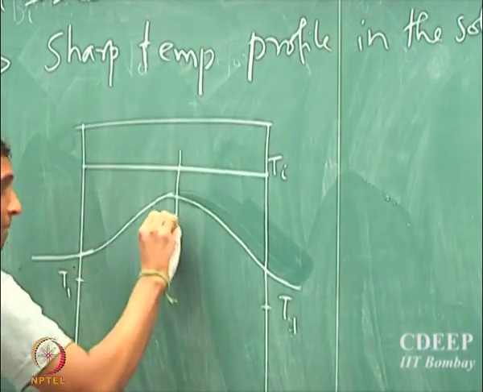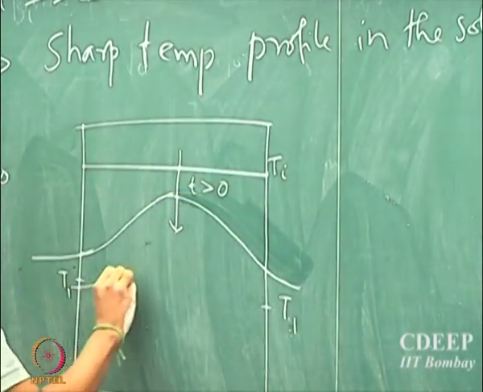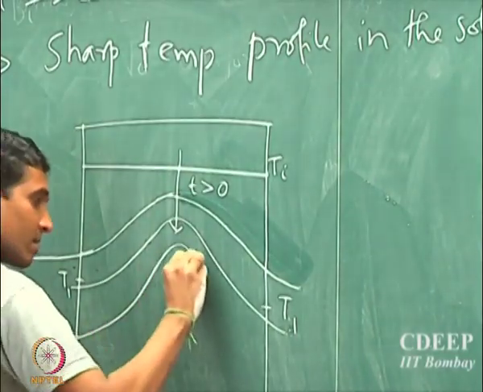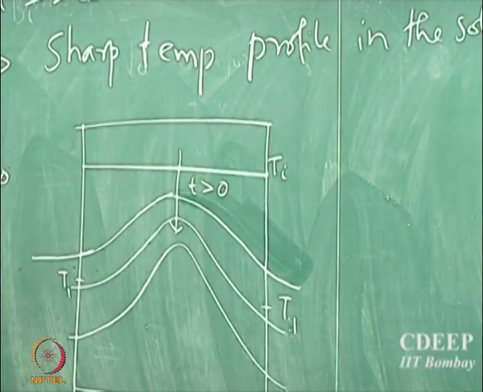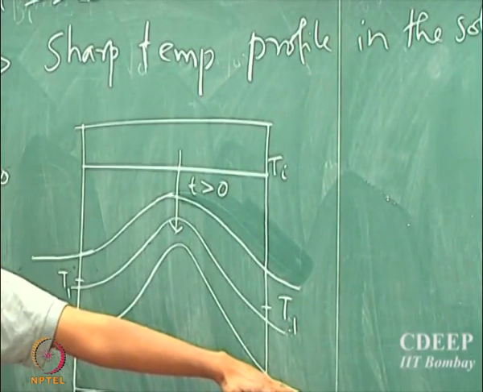So as time passes by, for t greater than 0, you will start seeing profiles which look like this. You will have sharp gradients inside the solid while you will have not so sharp gradients outside the solid.